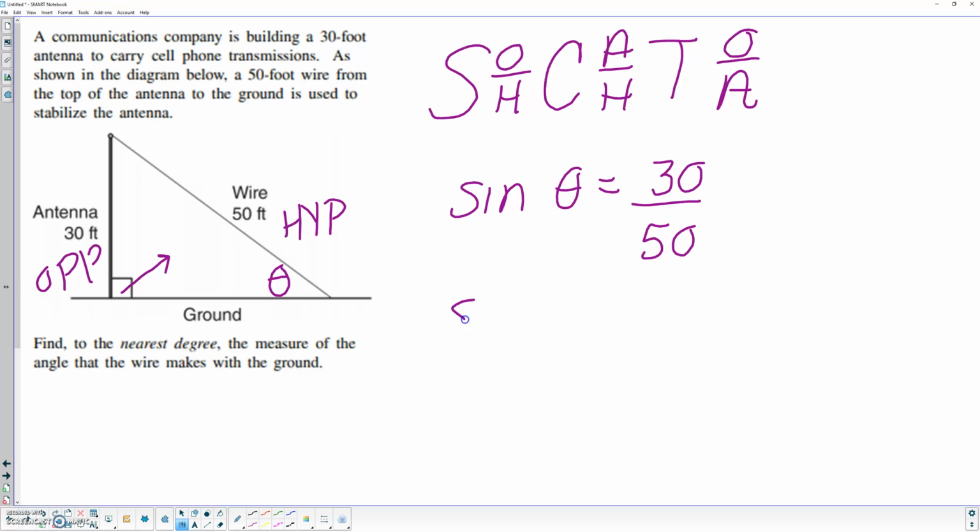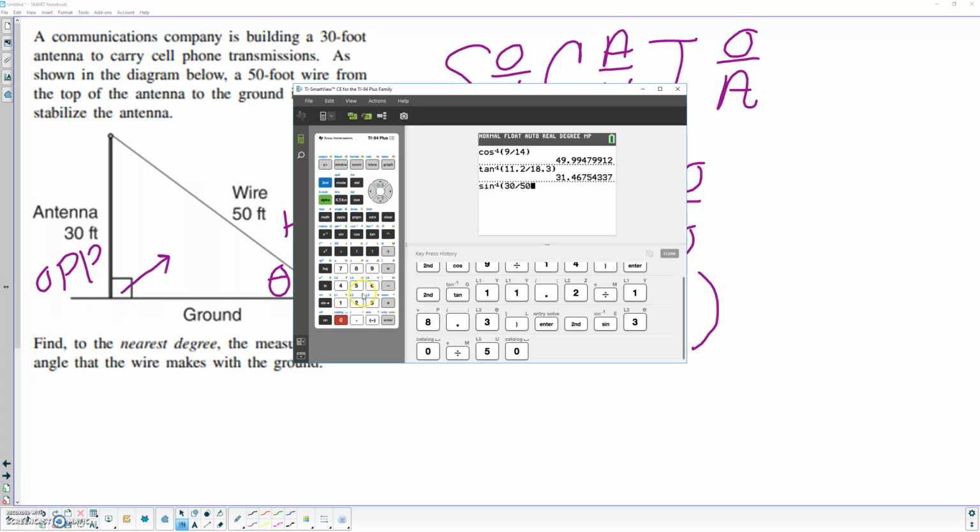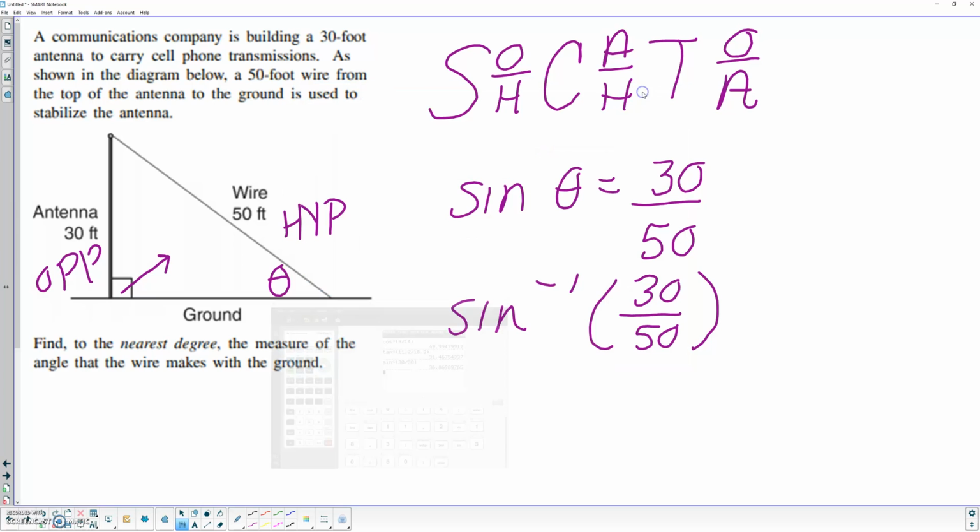So again, we're using an inverse operation. So we're going to do sine inverse 30 over 50. So we're going to go to our calculator, hit second sine 30 over 50. All right, so they wanted this to the nearest degree, so if we round that, we're going to get 37 degrees.